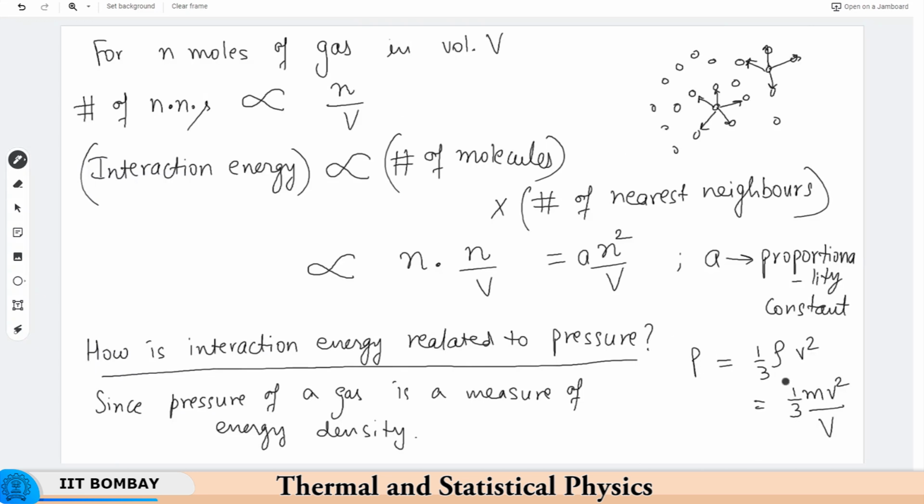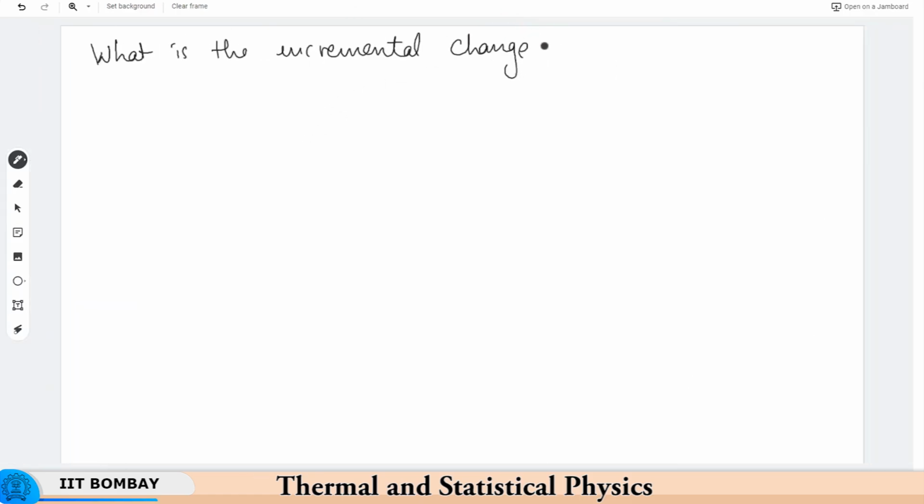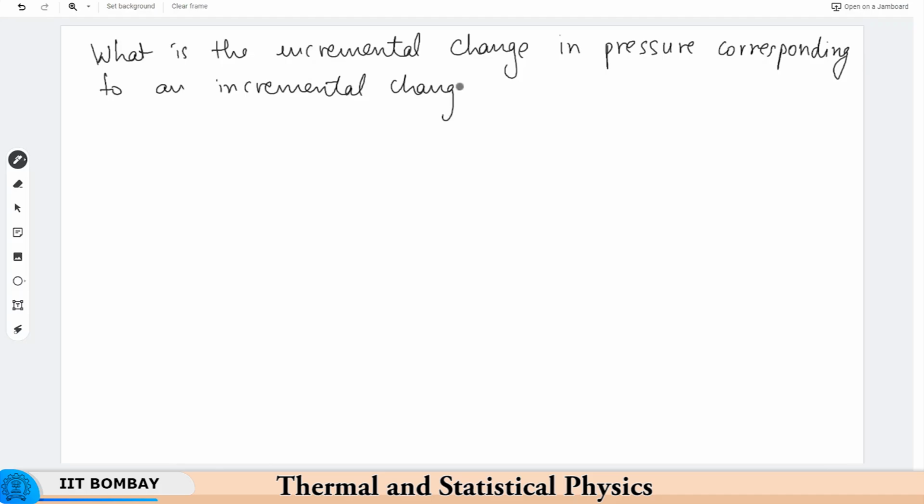If I reduce the volume of the gas, the pressure will increase, because the molecules of the gas will hit the container walls at higher frequency, so pressure will go up.